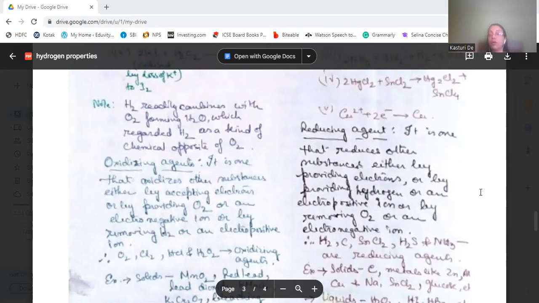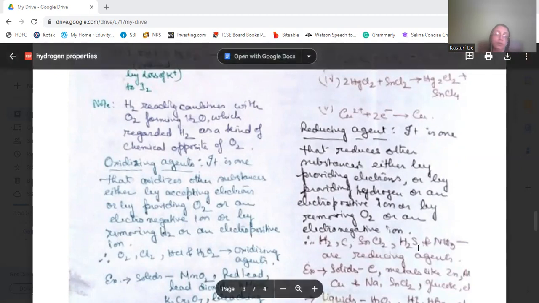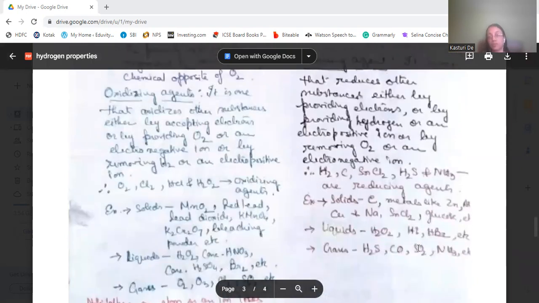Therefore, in all the reactions above, H2, carbon, stannous chloride, sulfur, hydrogen sulfide, ammonia, all these are reducing agents. They are reducing the substances.